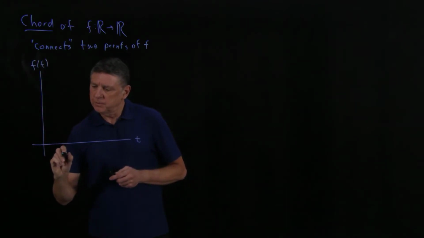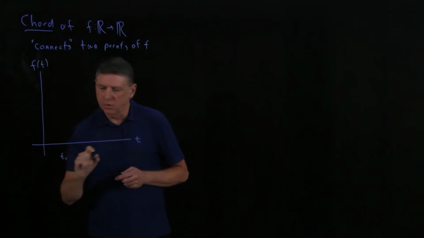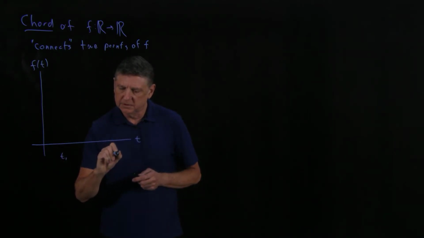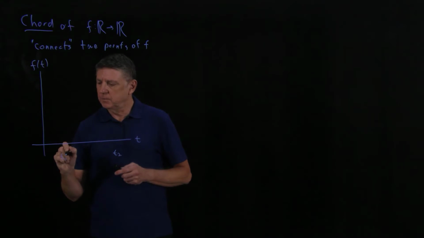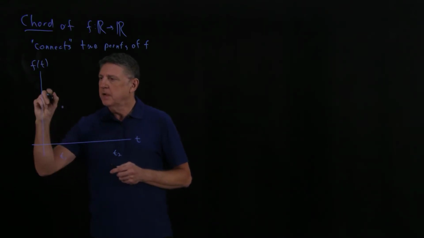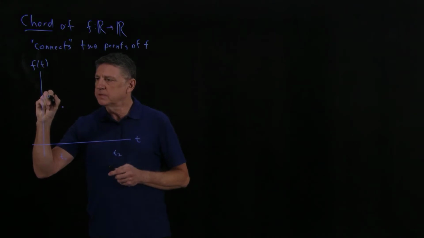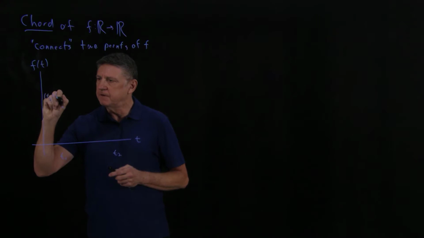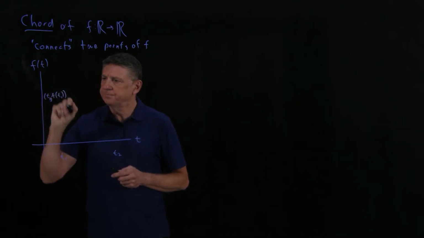And let's suppose that we have a point t1 and a second point t2. If we evaluate f at t1, we'll get something here. And that will have coordinates in the plane t1 and f of t1.